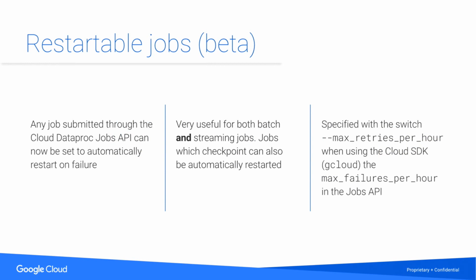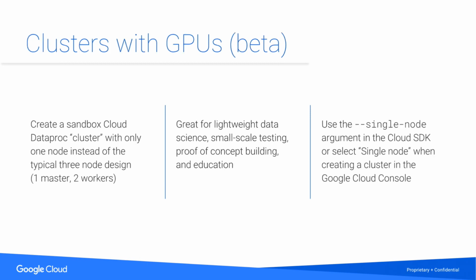One very good example is streaming jobs. You might not want to restart them by yourself. So we have that feature now in beta, wherein with each and every job you can specify the number of retries you want per hour, or the maximum number of failures your job can withstand. That is something you can totally do now.